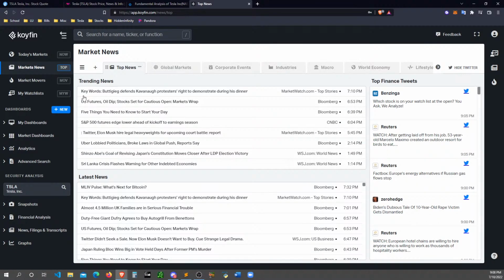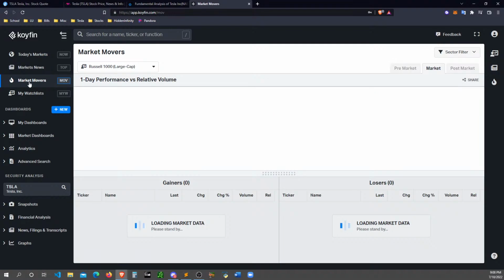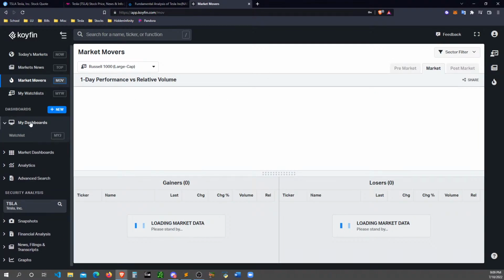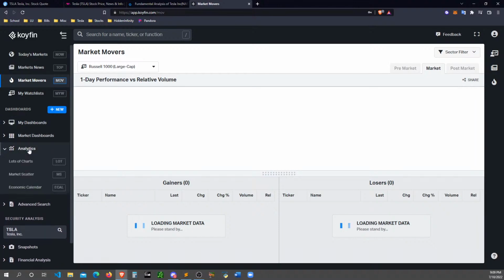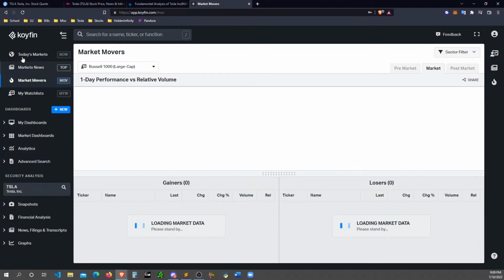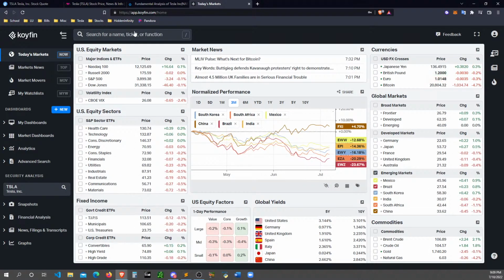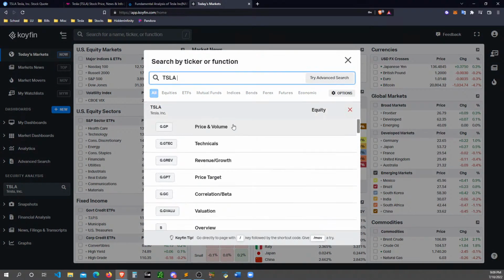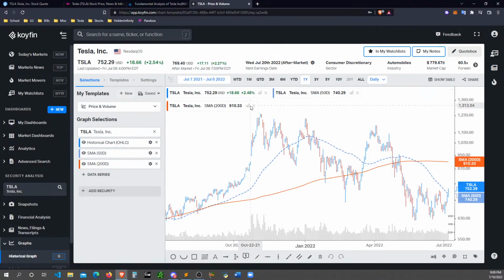There's just so much in here that you can use to do a fundamental analysis on a particular stock, right? This is absolutely one of the better ones in my opinion. So let's pull up Tesla real quick. You can even draw charts. You can draw moving averages. This is definitely, I think, somewhat worth it. It's not very expensive. I think it's like $15 a month.